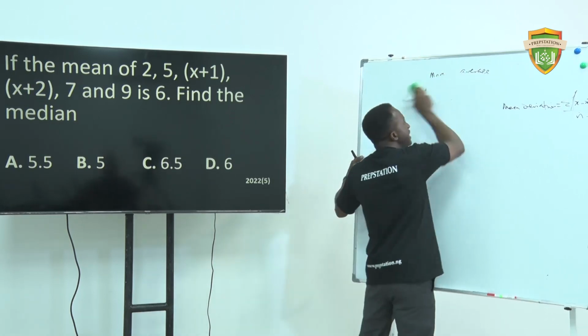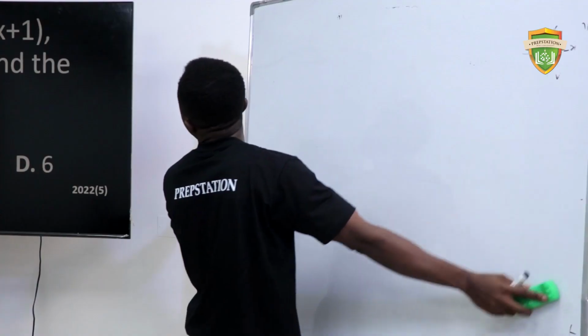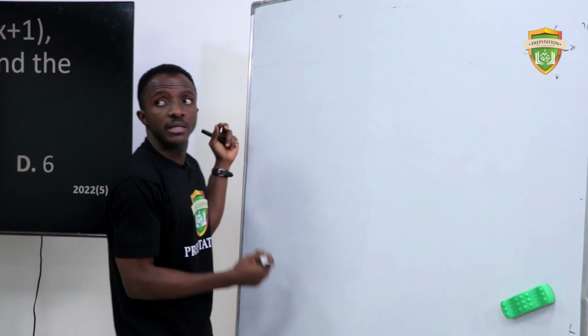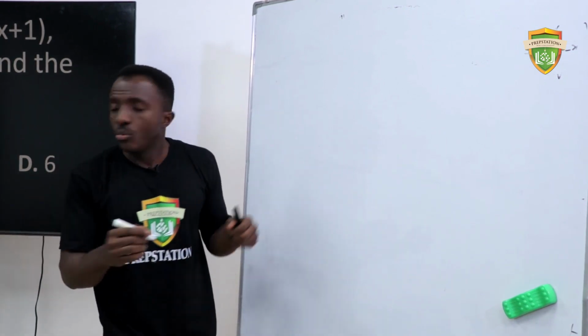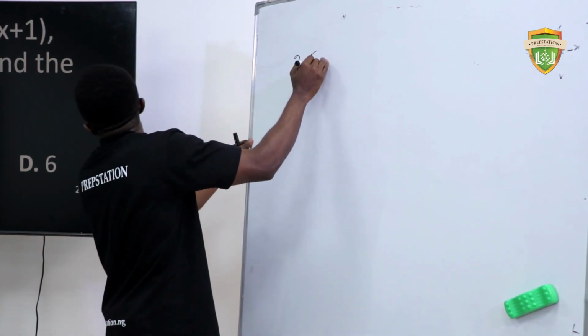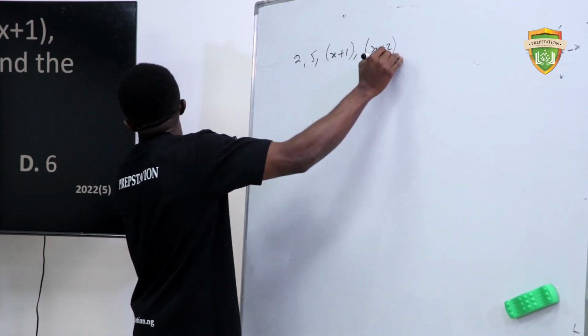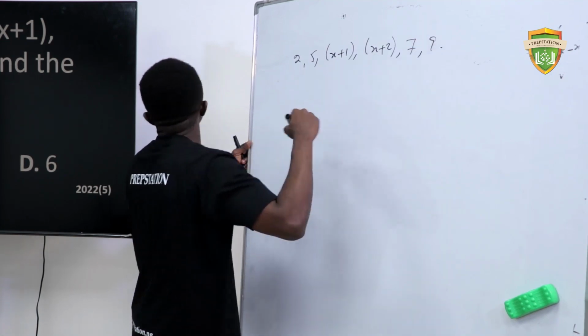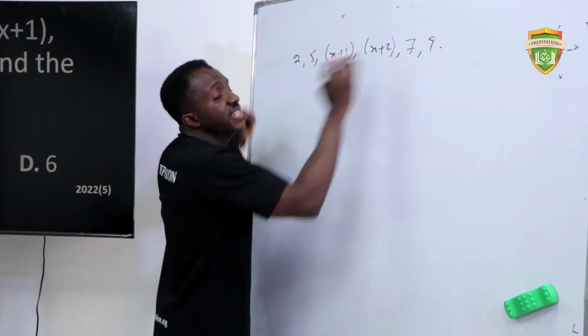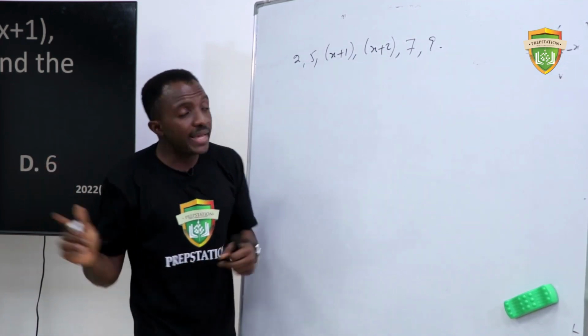Now, this question says the mean of those numbers is 6. What are the numbers? 2, 5, x plus 1, x plus 2, 7, and 9. Now, 1, 2, 3, 4, 5, 6 numbers. And their mean is 6.